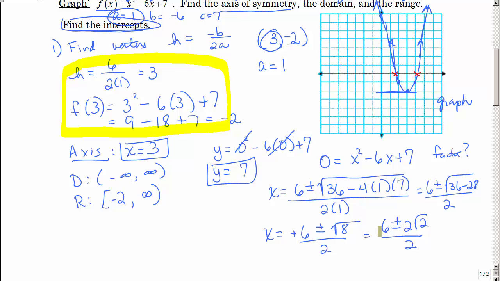And then, because all 3 are divisible by 2, you can reduce, divide by 2. 2 goes into 2 once, that leaves that. 2 goes into 2 on the bottom once. So those are my x-intercepts. And if you wanted to punch that into the calculator to get a decimal, you would see that one is a little bit bigger than 1. Maybe it's right over there. But again, it was something we could not get from the graph.